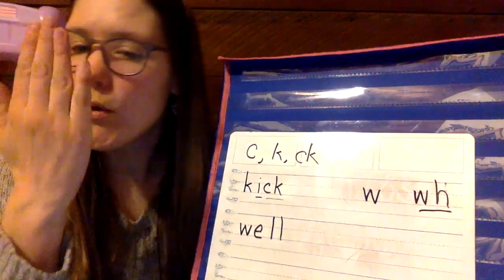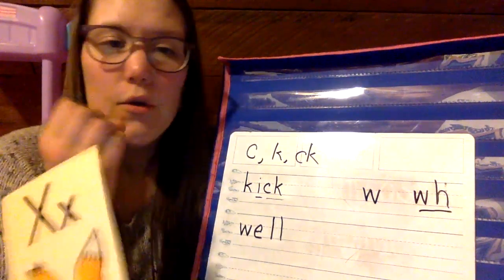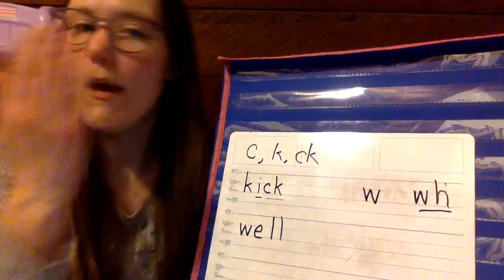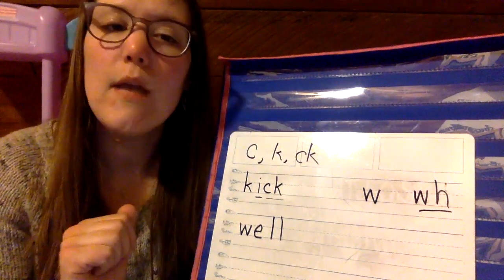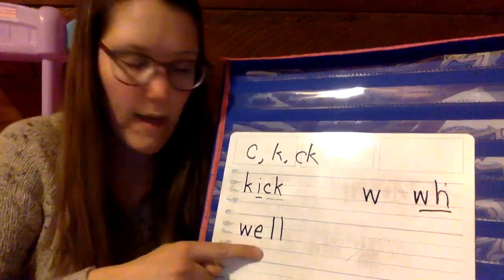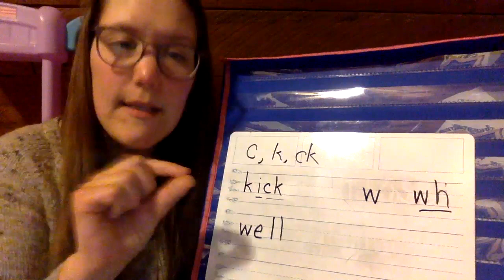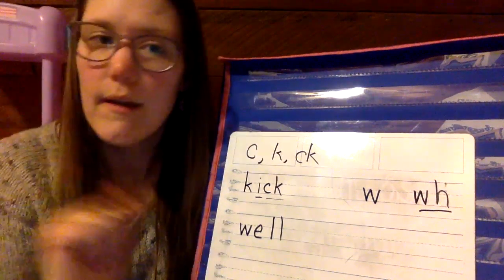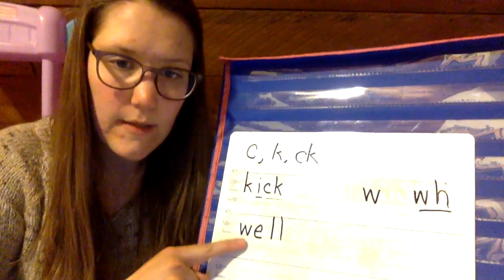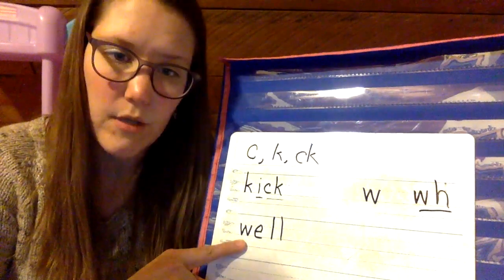When you say w, because you're adding that H sound, you have a puff of air that comes out of your mouth. When you say woo, as in the W sound, like woo, well, there is no puff of air. So when we hear this woo sound, we have to know it's a W and not a WH.